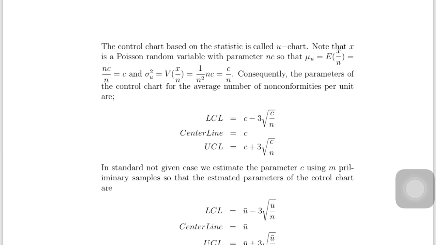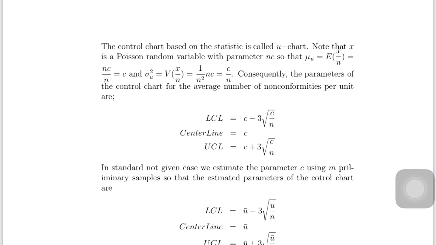Okay, and suppose the value of C is not given. C is the parameter. N is given, therefore NC is the parameter. So since N is known, C is the only unknown parameter. And suppose that C is not known in your process.